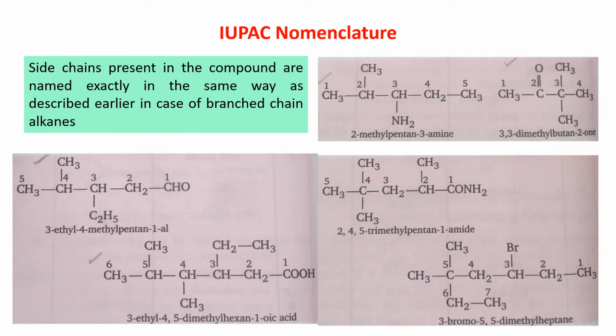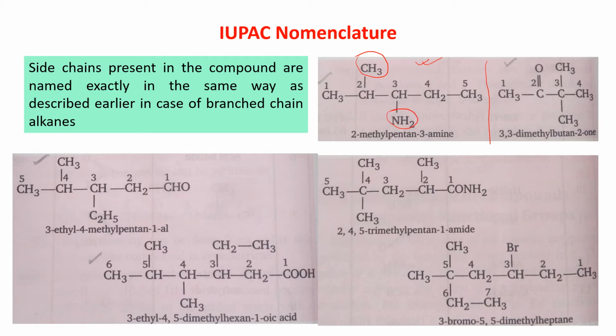Now side chains present in the compounds are named exactly in the same way as described earlier in case of branched chain alkane. Now look at this. Look at this example. Here you can see that in this chain one methyl group is present, one amino group is present.